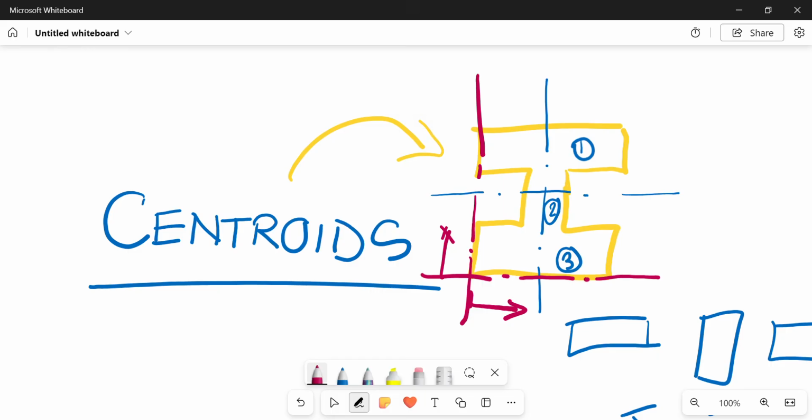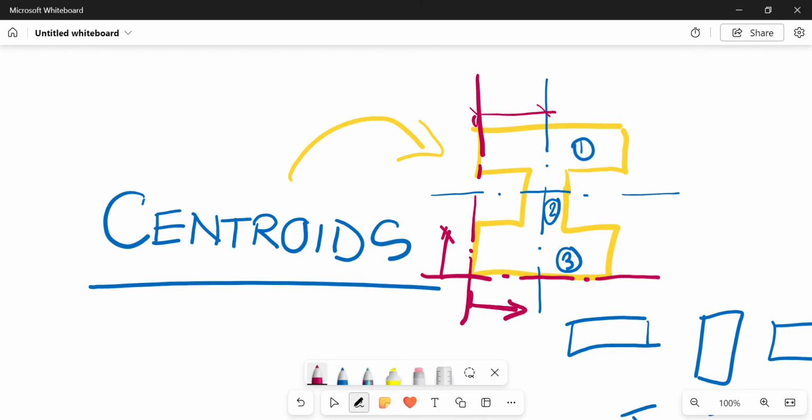So when you're calculating your x bar for shape number 1, for argument's sake, you will be taking the distance from your reference point to half of that shape, because your x bar would be to the halfway point of that shape, but the key factor is your point of reference. Where are you starting to measure from?